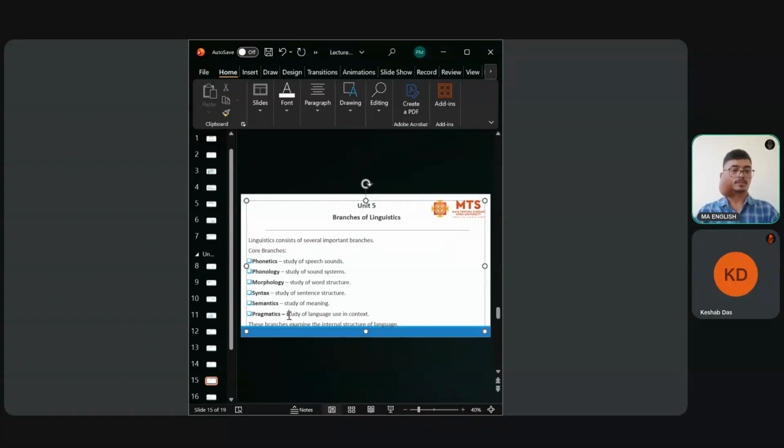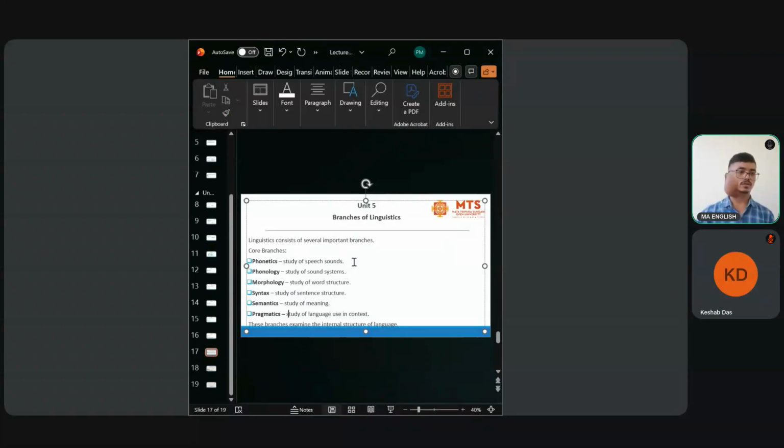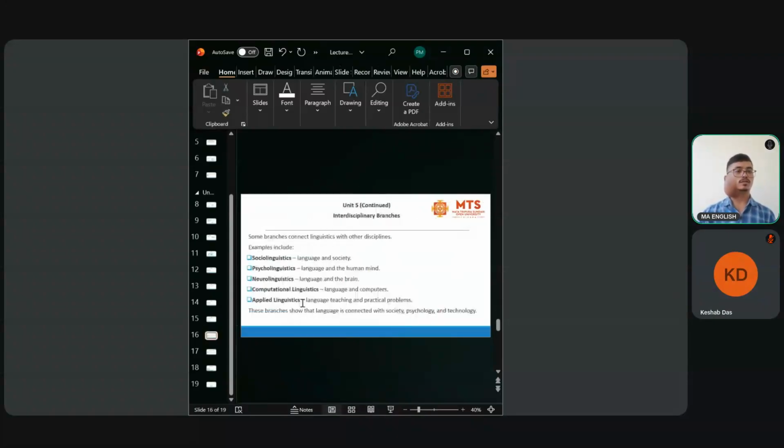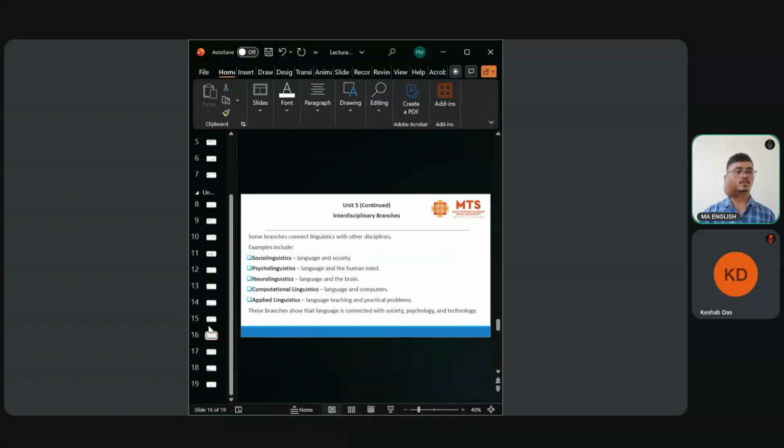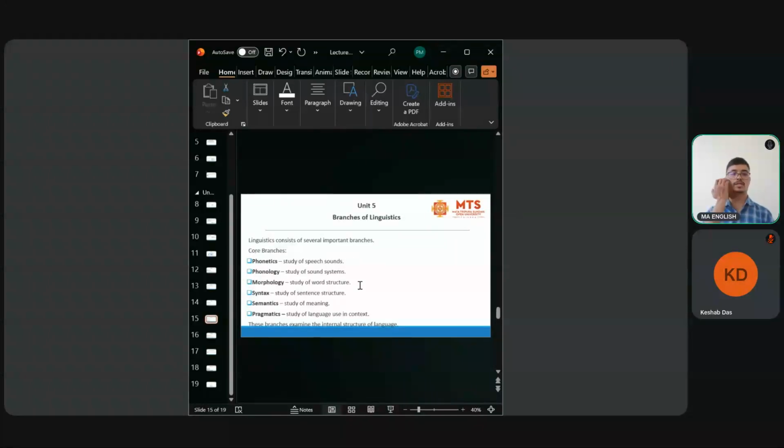Okay, done. So these are the major branches of linguistics.